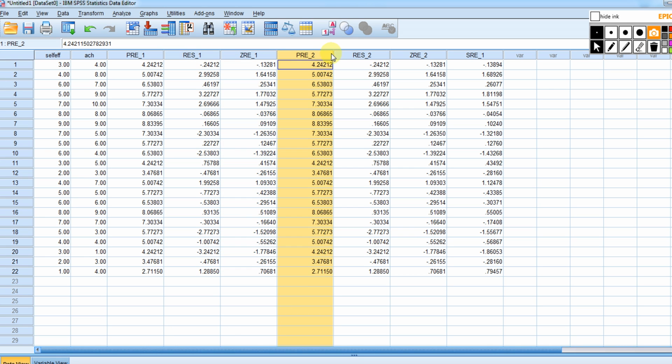You can also look for outliers visually with the residuals plot using the standardized or the studentized residuals. So if we go to graphs, and run the scatter plot again. I'm just going to go ahead and ask for the standardized residuals and then click on OK.